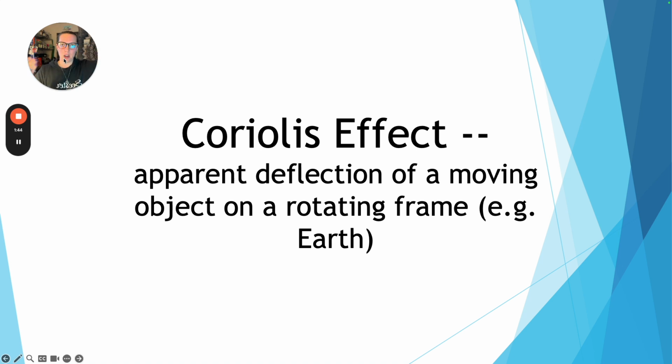On a merry-go-round, you're spinning, and pretend that you are sitting across from a friend. And the merry-go-round is actually going to be at rest at first. So you and a friend are throwing a ball back and forth.